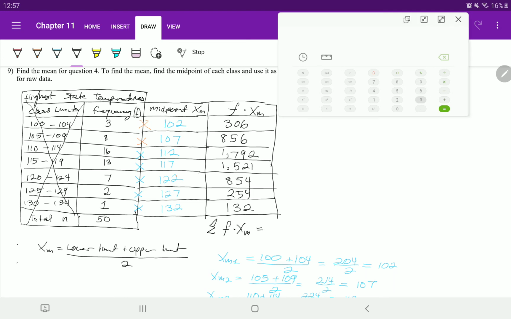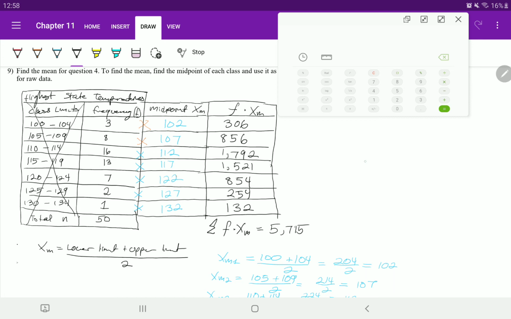So now I'm going to add 306 with 856, 1,792, 1,521, 854, 254, and 132. And that equals 5,715. So when we add up all the values, we get 5,715.